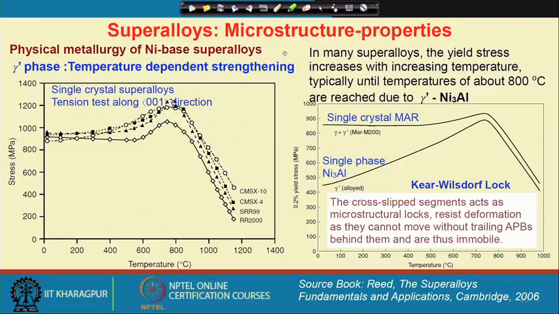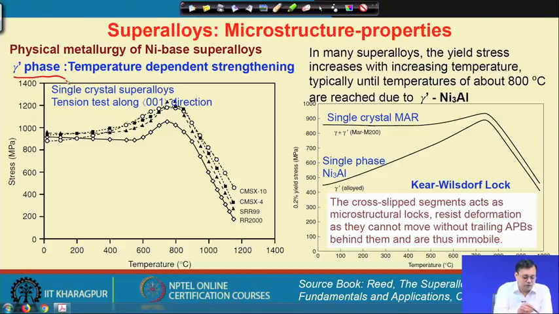Now, if we consider the temperature dependent strengthening of gamma prime phase and its role, we have to see this plot, and these are quite interesting plots. Usually, if we take any alloy, expose it to higher temperature and put some stress on it, the strength of the alloy always decreases with temperature.